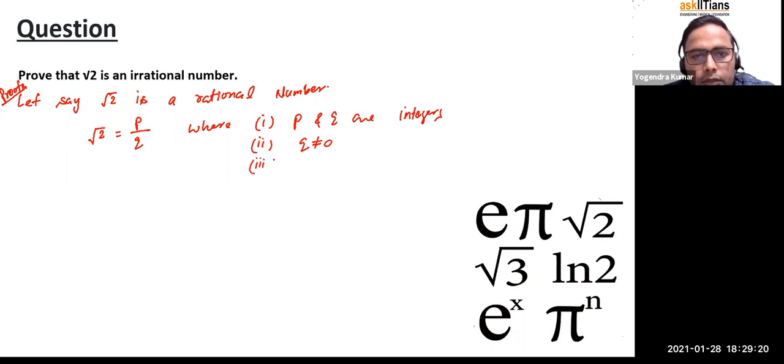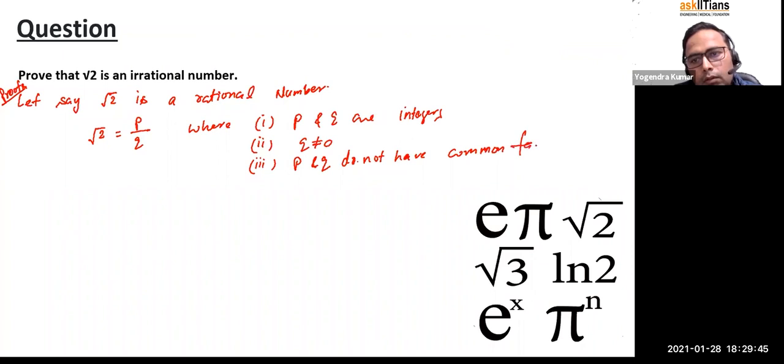And third point, p and q do not have a common factor, right? This third condition is what many students forget, so you need to remember this also. All these conditions should be met, right?